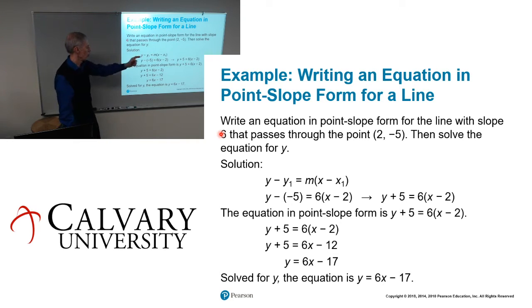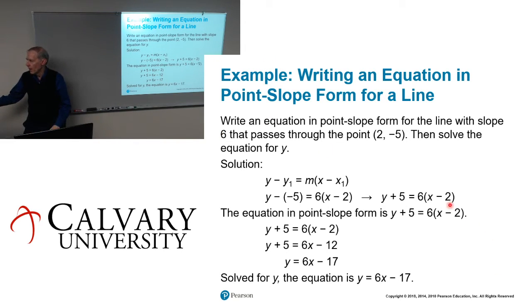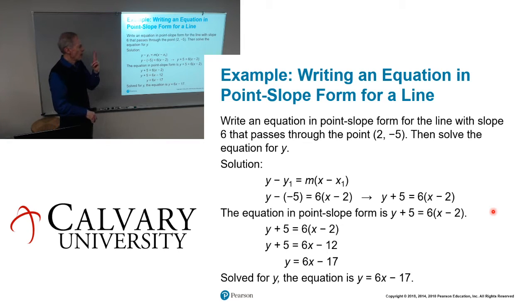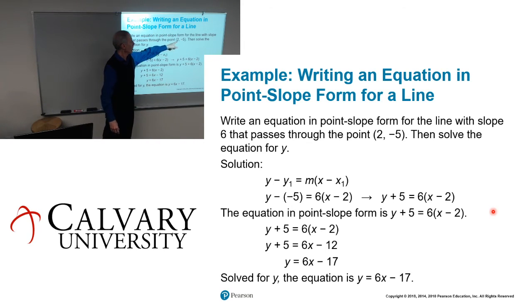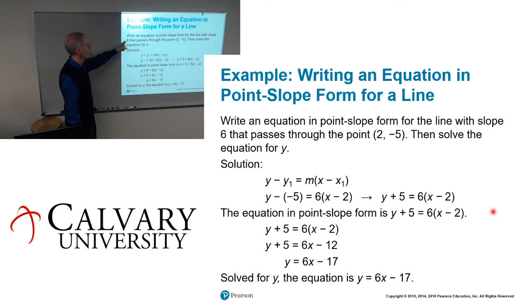So then of course you simplify onto the right-hand side, and this form right here is called the point slope form of the equation. The reason why that's useful is if you wanted to know what this line looks like, you need to have only two facts: a point that it goes through and the slope, and you could immediately tell what the graph looks like and neatly and easily graph it.